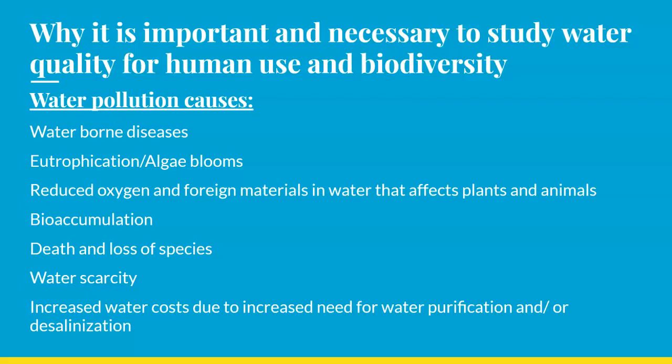It can also create water scarcity and increased water costs due to increased need for water purification and or desalination. If there are areas where there is no water, they may need to access ocean water and desalinize it, which is a costly process.